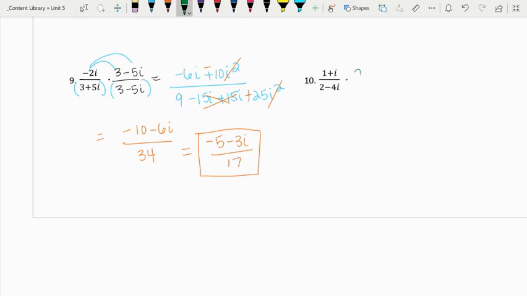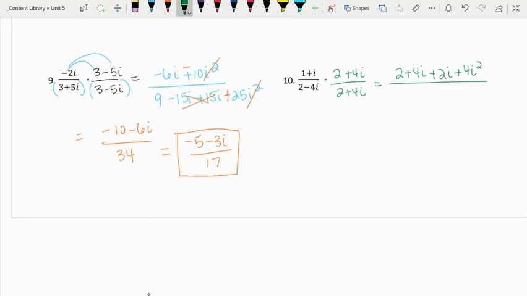On the next one, when you multiply by the conjugate, 2 plus 4i, we now have to FOIL in the numerator and denominator. In the numerator, we would get 2 plus 4i when we distribute the 1, then 2i plus 4i squared when we distribute the i. In the denominator, we would get 4 plus 8i, and then negative 8i minus 16i squared.